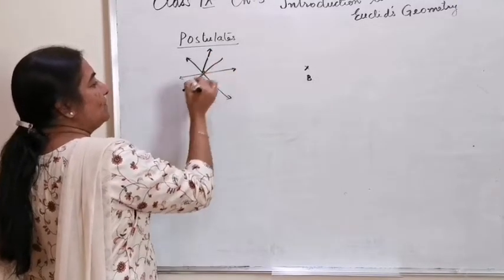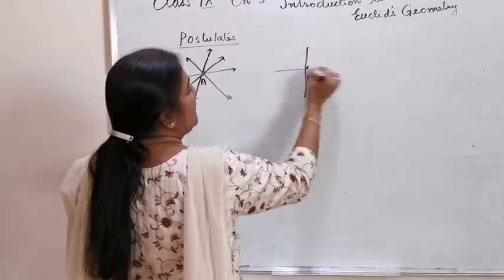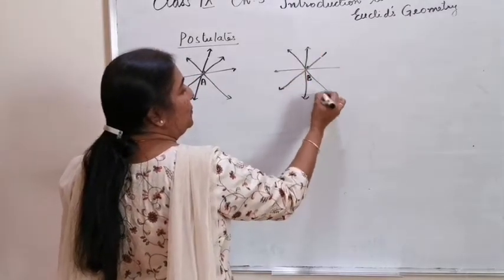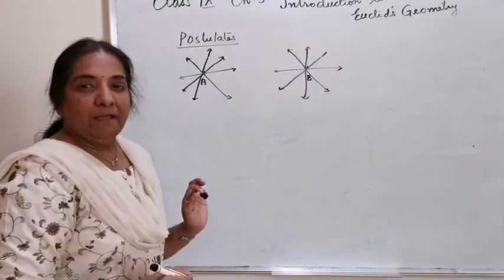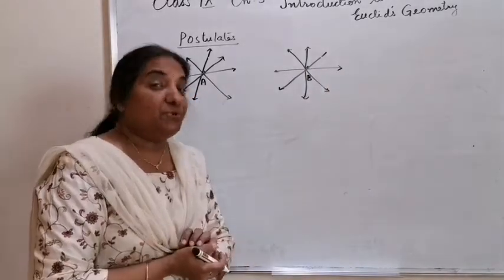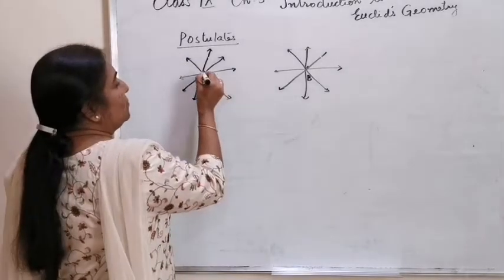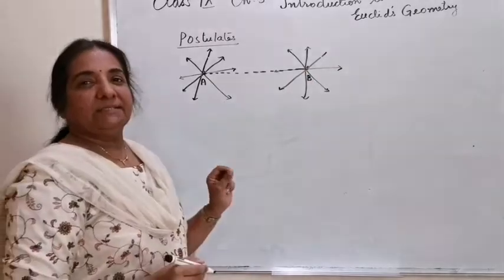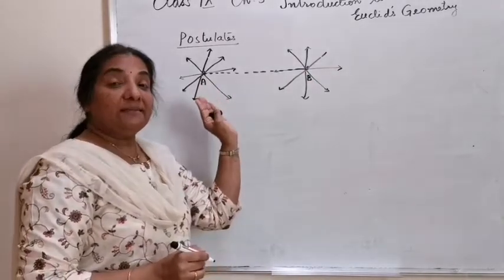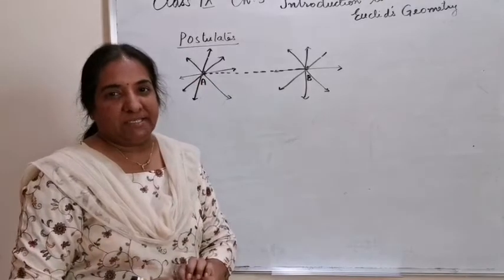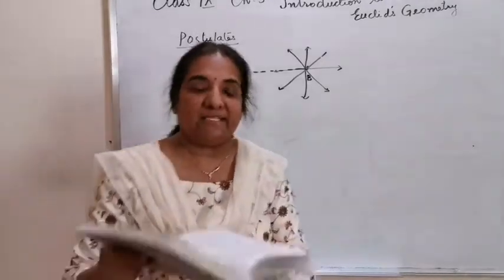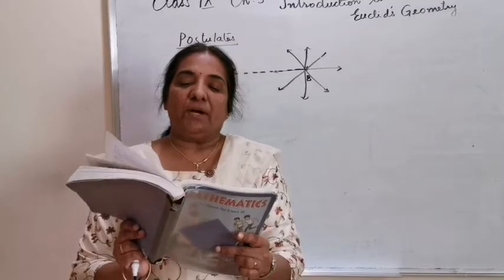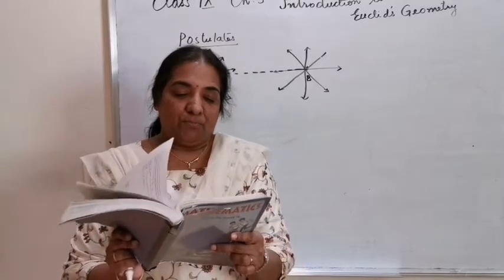Through B also, as many lines as possible can be drawn. But if you want to connect A and B using a line, there is one and only one line which is possible, which will contain both the points. So the first postulate is: a straight line may be drawn from any one point to any other point.